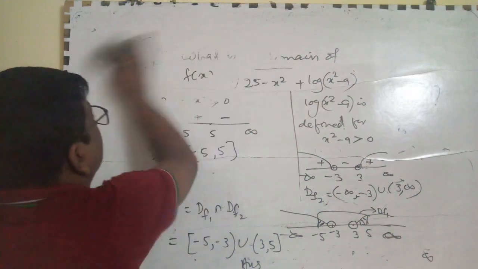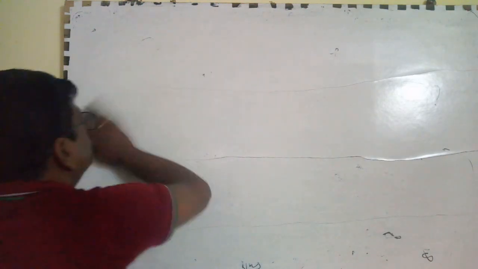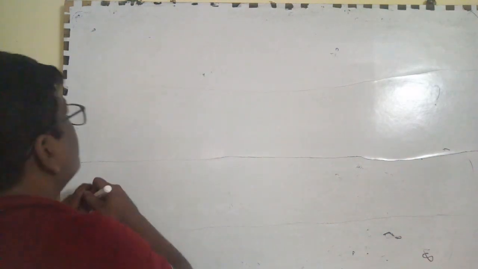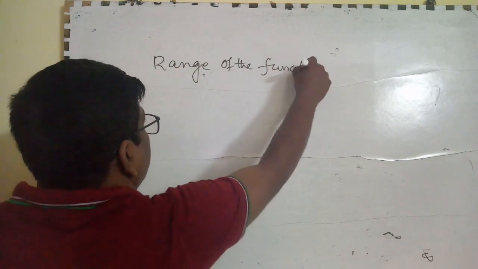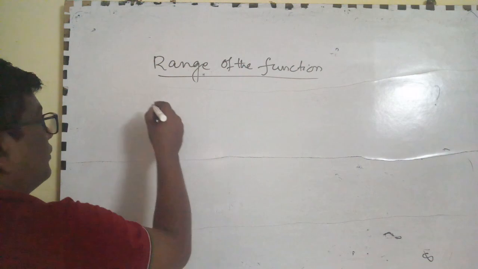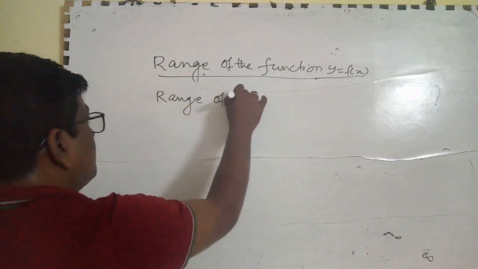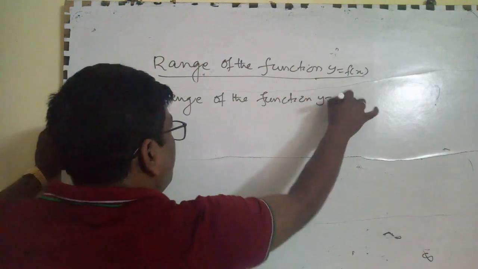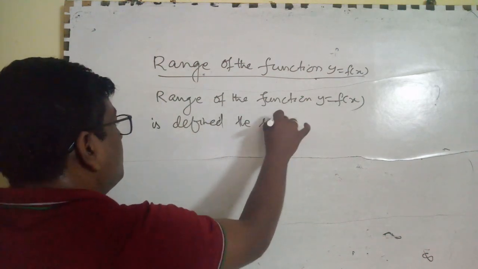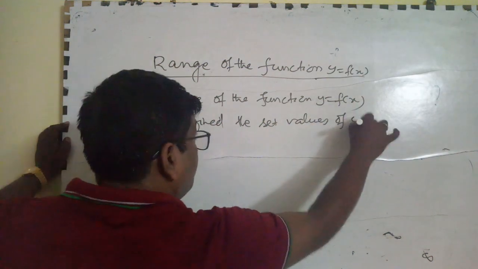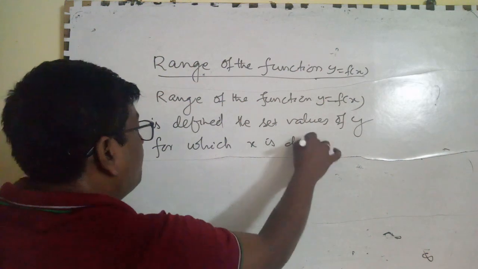Now, what is the range of the function? Range of the function y is equal to f of x is defined as the set of values of y for which x is defined.